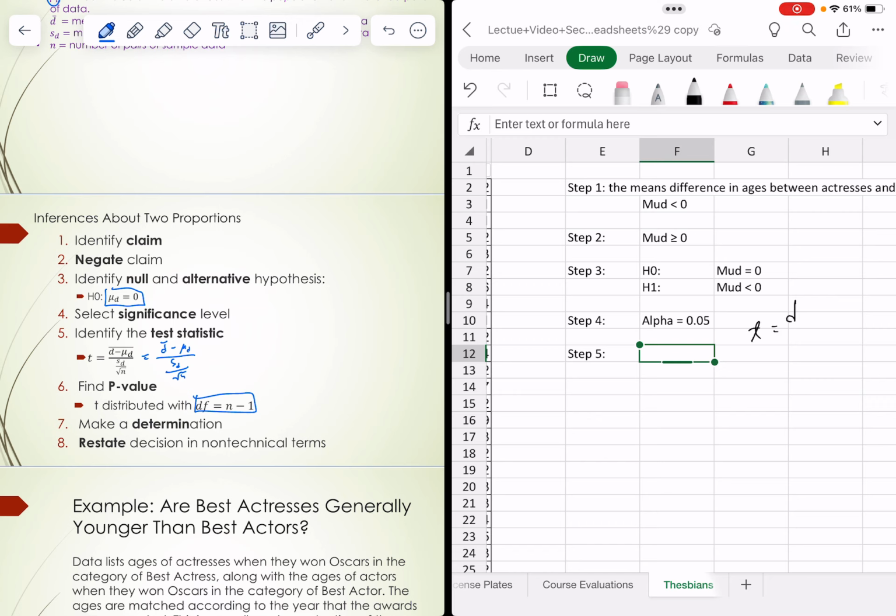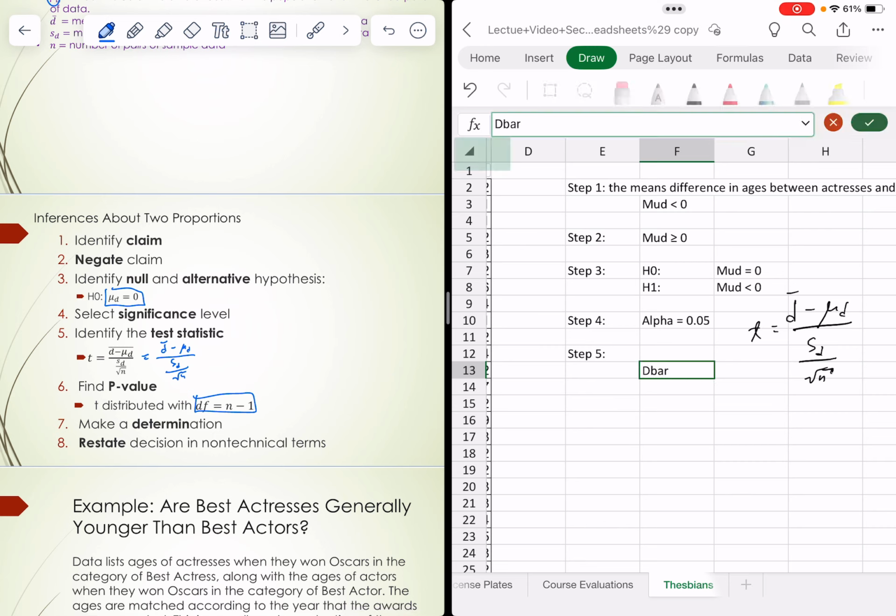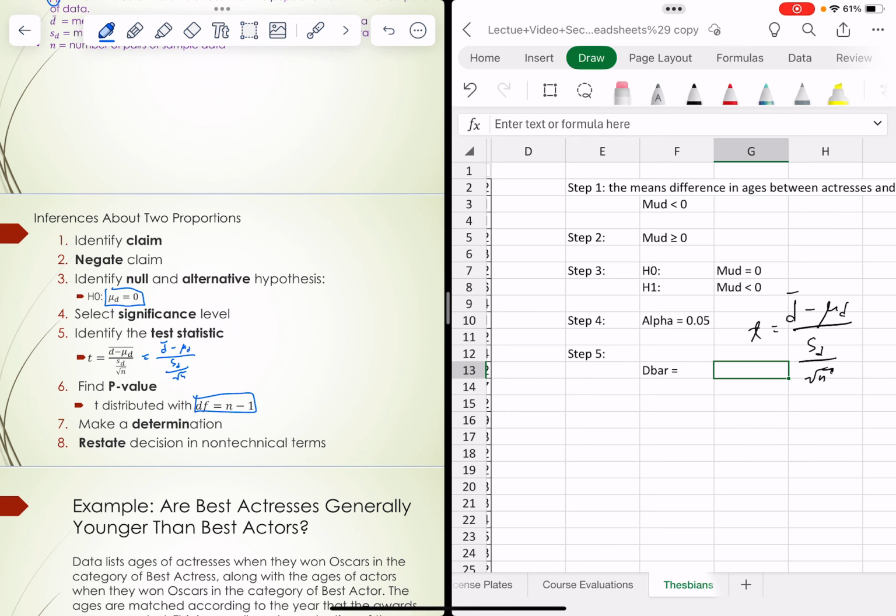T equals d bar minus mu d, which is going to be 0, over SD, the standard deviation of d, divided by the square root of n. Okay. So let's see. So d bar is going to equal, all right.